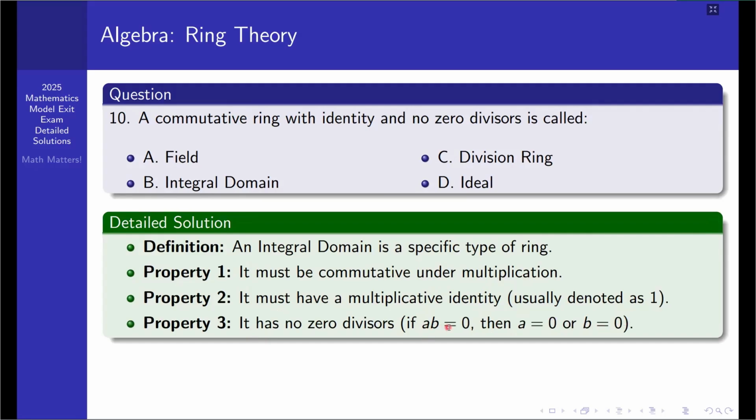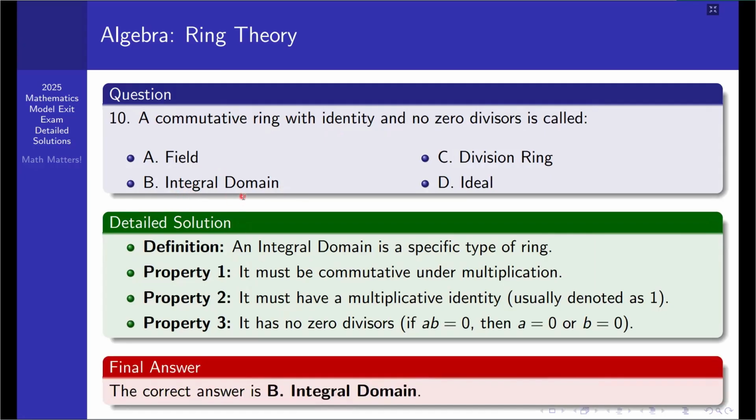If the product of any two elements within the given set is 0, that means this. Therefore, this condition is asked here in the question form. A commutative ring with identity and no zero divisor is called an integral domain, because all these properties are satisfied by the integral domain. Therefore, the correct answer is B, which is integral domain.